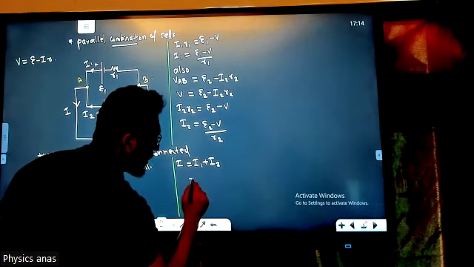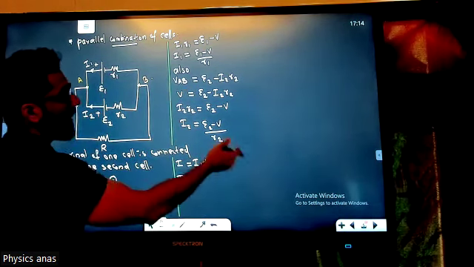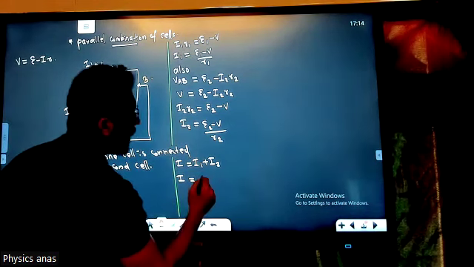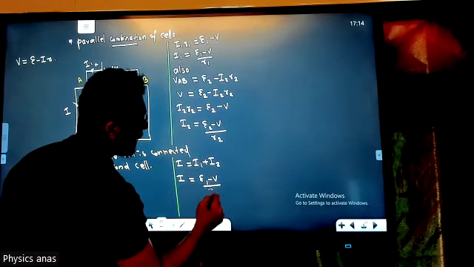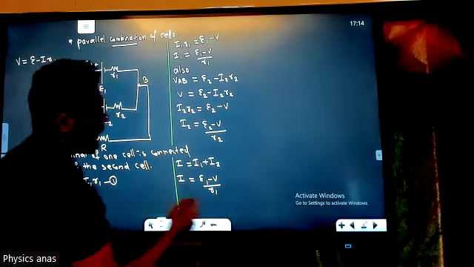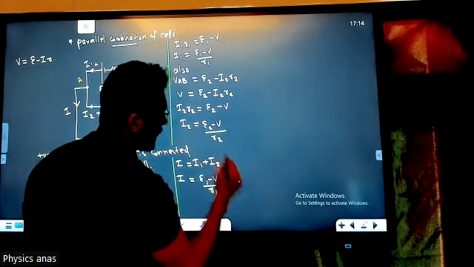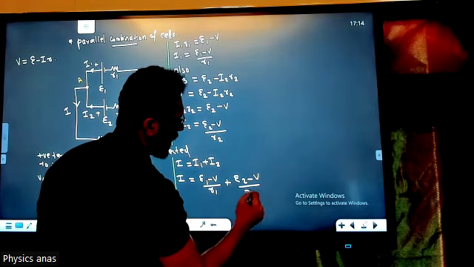That means you can write the equations of I1 and I2 here. So I1 is what? I1 is E1 minus V divided by R1, plus, what is this? I2 is E2 minus V by R2.